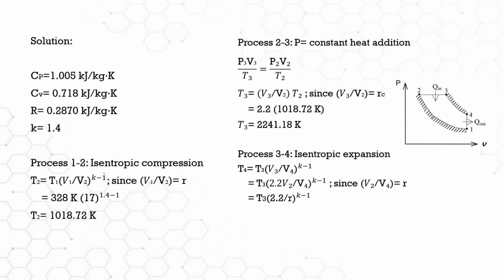We have temperature at state 3 multiplied to cut-off ratio over the compression ratio raised to the power of specific heat ratio minus 1. Then plug in the values. We have 2241.18 Kelvin times 2.2 over 17 raised to the power of 1.4 minus 1 is equals to 989.16 Kelvin as our temperature at state 4.